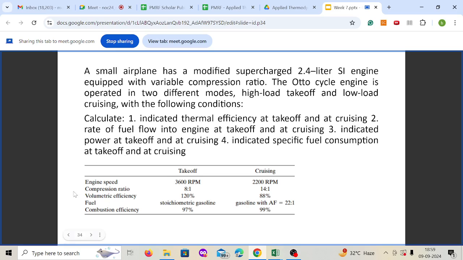So this is the engine operating condition during takeoff and cruising. Engine speed during takeoff is 3600 rpm and during cruising is 2200 rpm, and the compression ratio is 8:1 during takeoff and 14:1 during cruising.